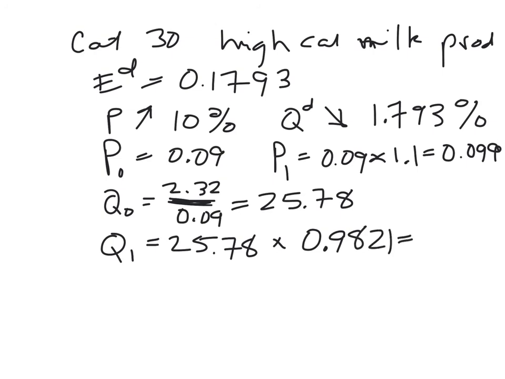When I do that and round to 2 digits, I get 25.32. So quantity demand, it fell, but by relatively little for a 10% rise in price.